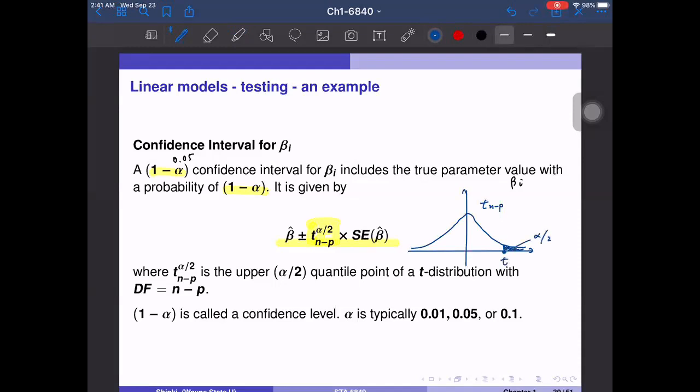This point is called t sub n minus p, superscript alpha over 2. And 1 minus alpha is called the confidence level. Alpha is typically a small number such as 1%, 5%, or 10%.